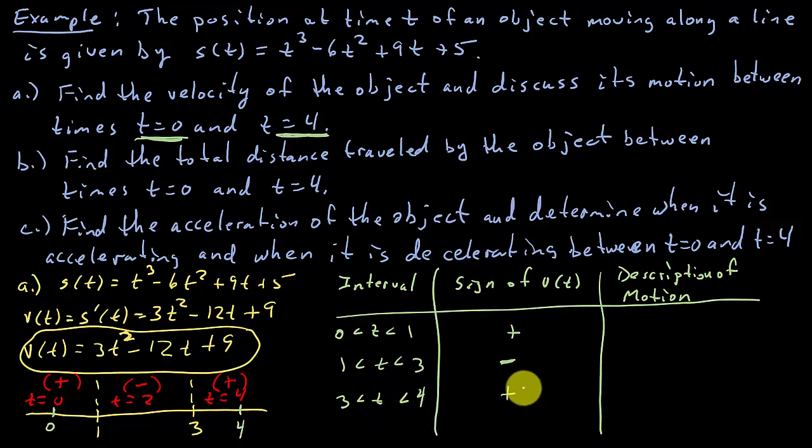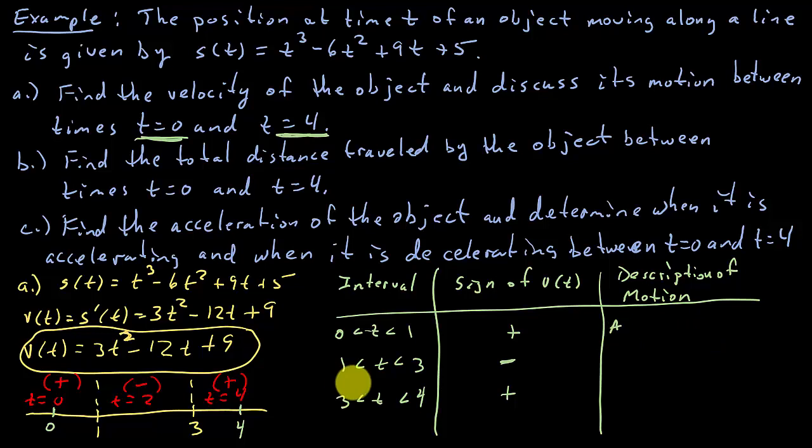So now let's describe the motion. I know in this interval, since it's positive, that means it advances. I'm going to abbreviate that and just put A for advance.